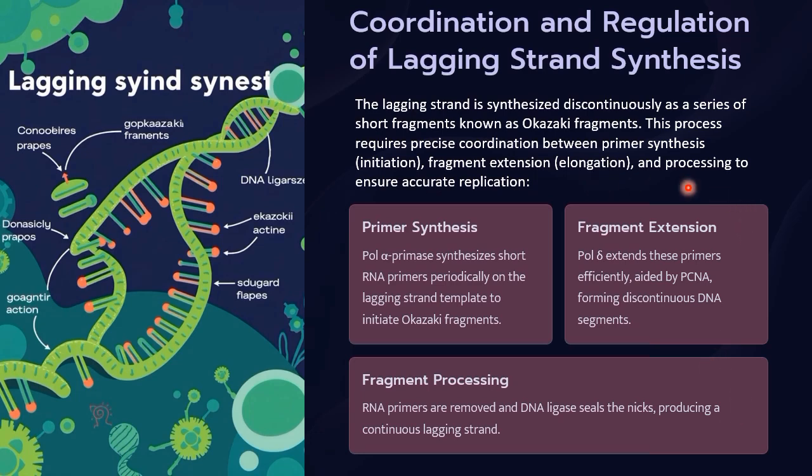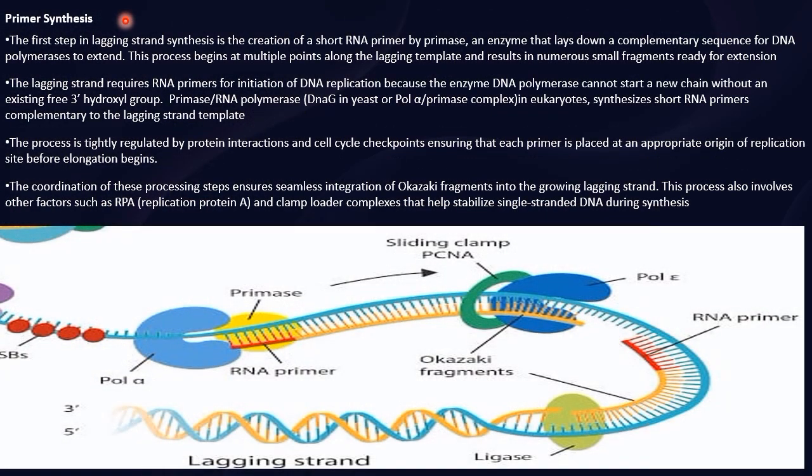So let's talk about primer synthesis. We have discussed this topic in far more detail in the topic of DNA polymerase alpha, but let me give you a brief overview for now. Primers are synthesized by DNA pol alpha, especially by the primase subunit, which synthesizes an RNA primer that binds to a single-stranded DNA.